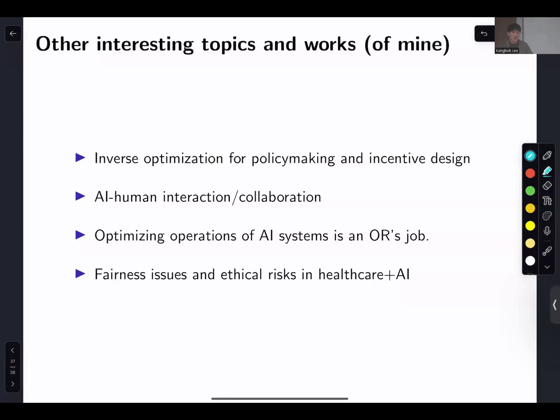So what I'm trying to say is something I'd like you to think about. I think most of you are still in the OR area. And if you believe in OR, there are a bunch of AI devices just coming up, developed by computer scientists or other disciplines. And it is still our job to optimize their operations, right?